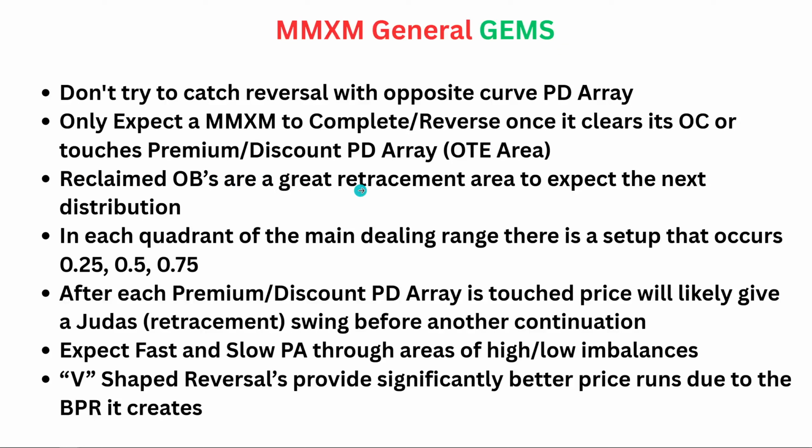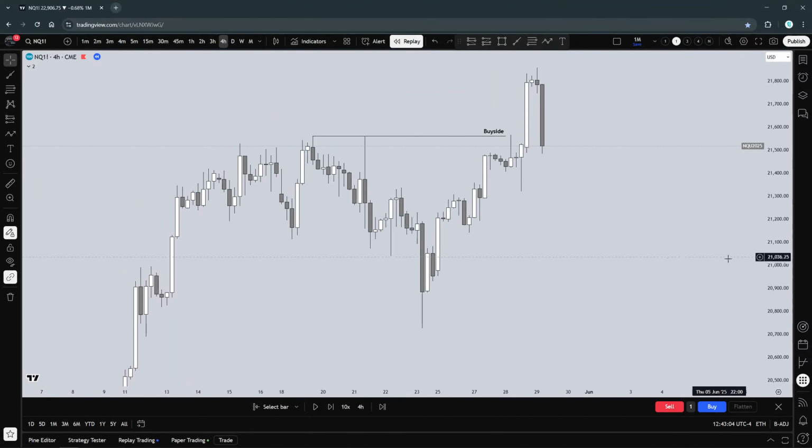Reclaimed OBs are a great retracement area to expect the next distribution or accumulation. In this one, this is an important note. So in each quadrant of the main dealing range, there is a setup that occurs. So 0.25, 0.5, 0.75. That refers to this.